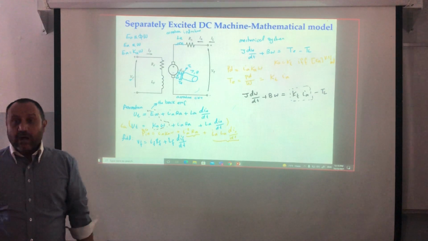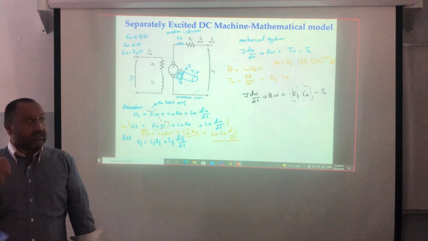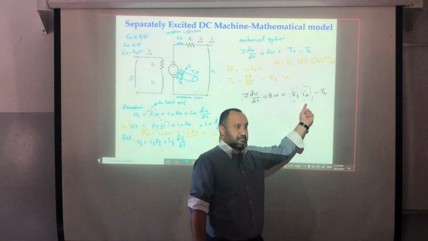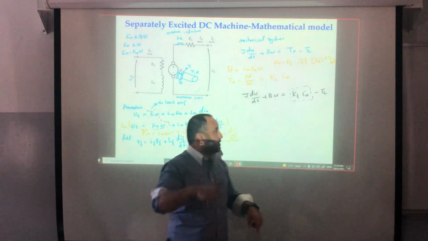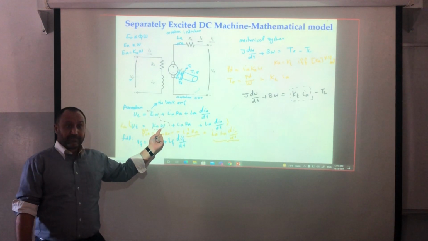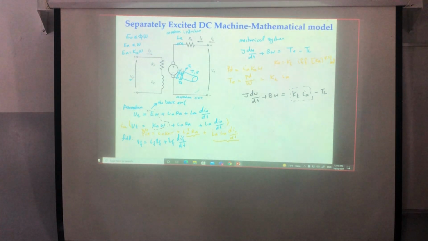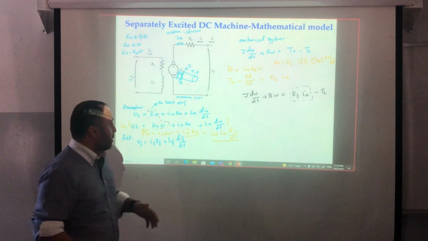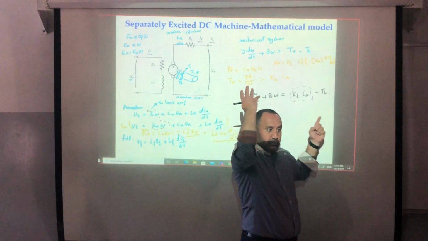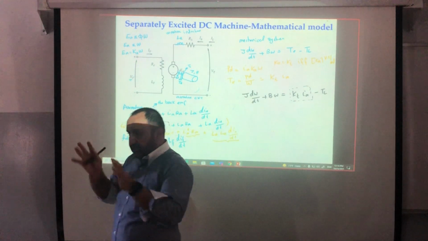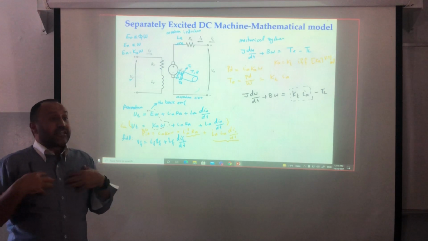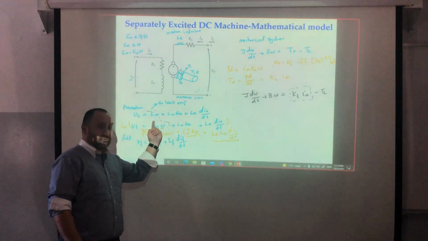Now, in the motor, I'm interested in this one. In the generator, I'm interested in this one. If my target is to design a motor, I will try to maximize the torque. If I'm designing a generator, my target will be to maximize the induced voltage.